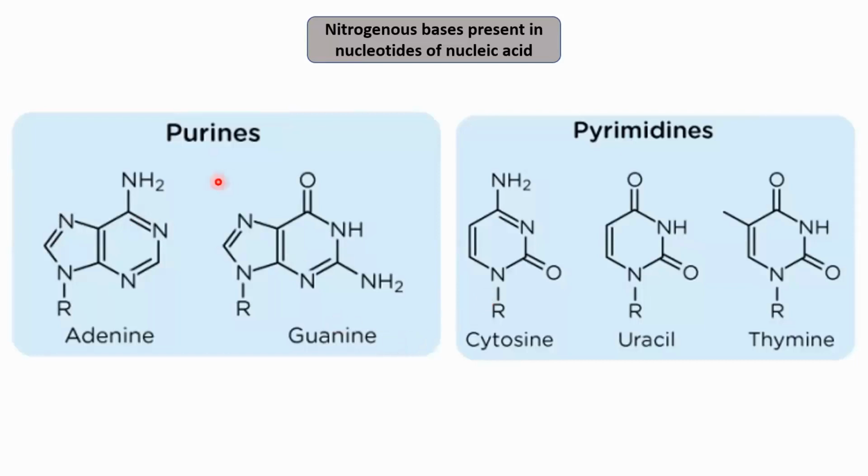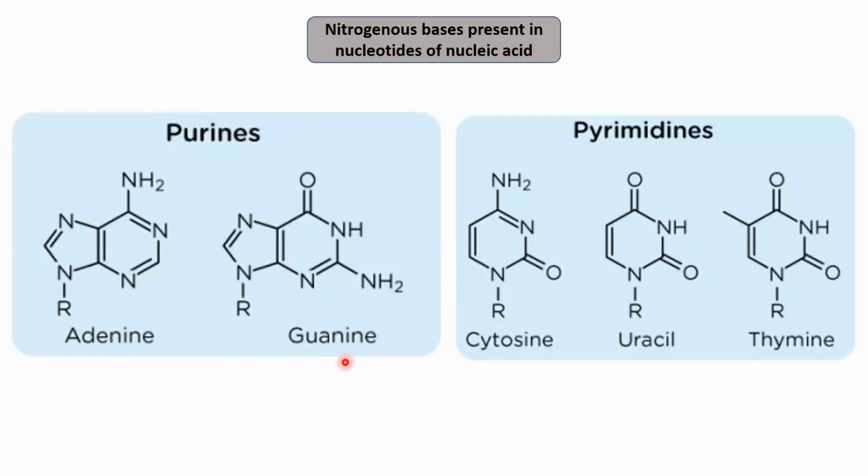The two nitrogenous bases that come under the purine category are adenine and guanine. The easy way to remember is GAPU. G and A, the short forms for guanine and adenine, come under the category of purine, while the remaining ones, that is cytosine, uracil and thymine, come under the category of pyrimidines, which contain a single ring structure.